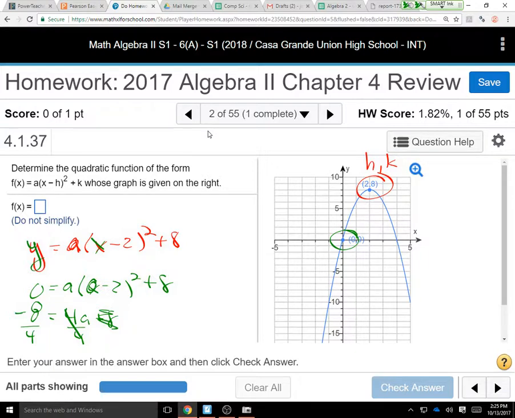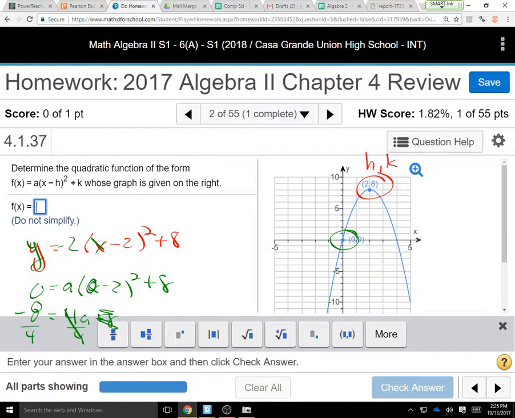So now a becomes negative 2, and there's my equation. So f of x equals negative 2 times x minus 2 squared. It's a negative 2. Yeah, that's what I put, didn't I? You put 2.